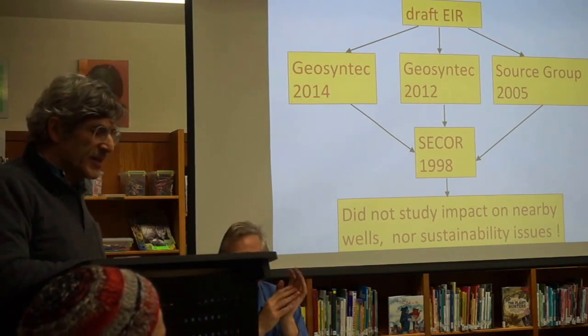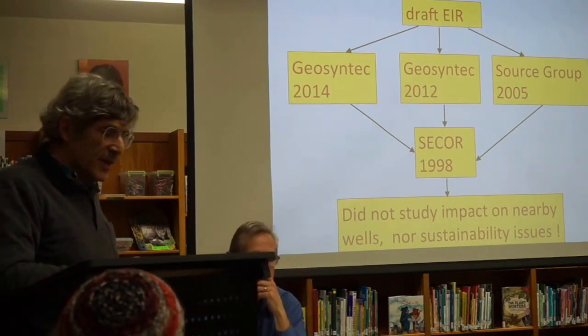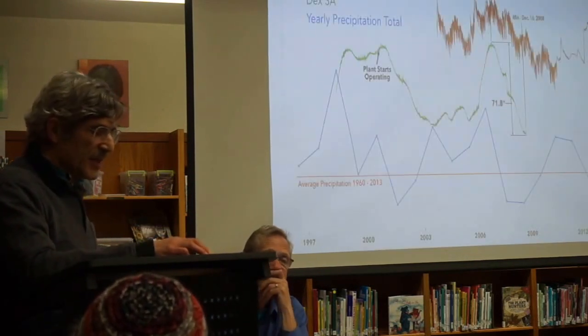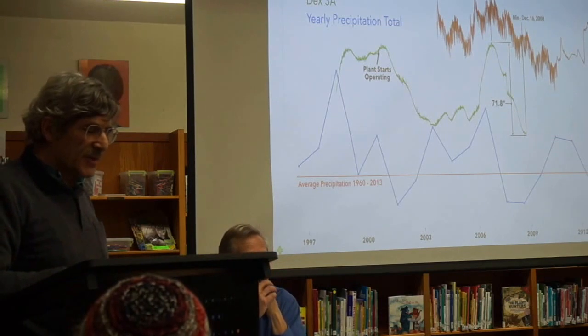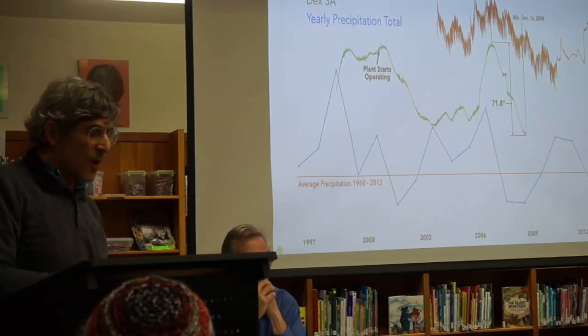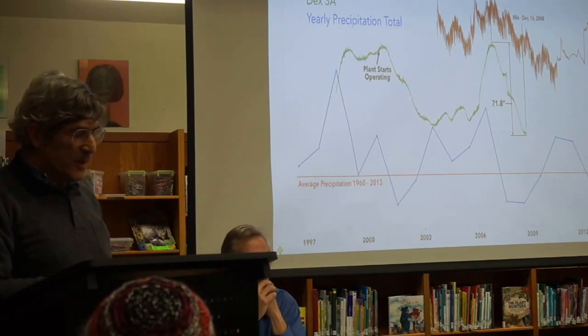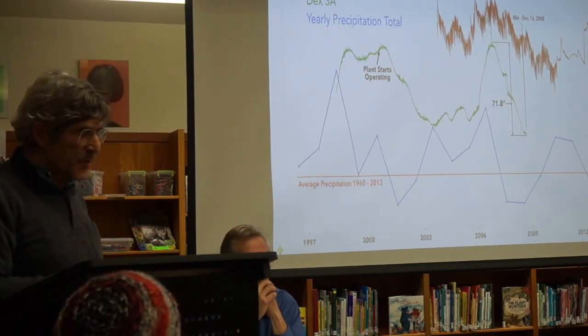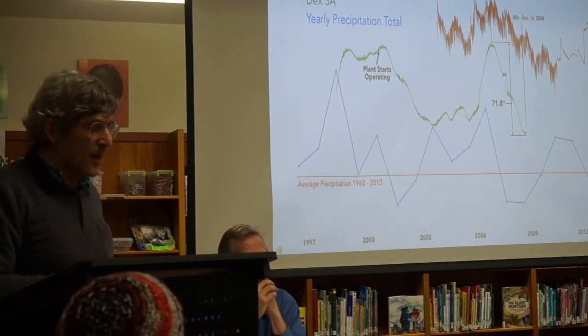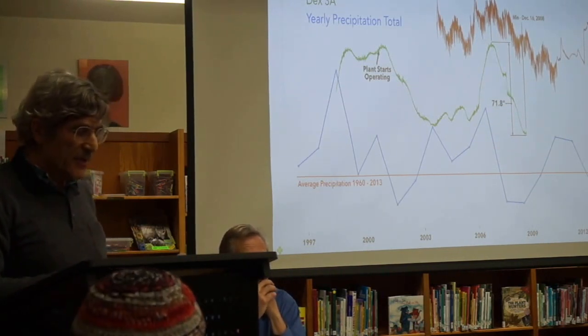The draft EIR says almost nothing based on evidence about the impact on neighboring wells. The issue here is whether pumping from a deep well like Crystal Geyser's Deck 6 will pull down water levels in shallow wells nearby, like the neighboring residences. The EIR does not even look at relevant evidence.